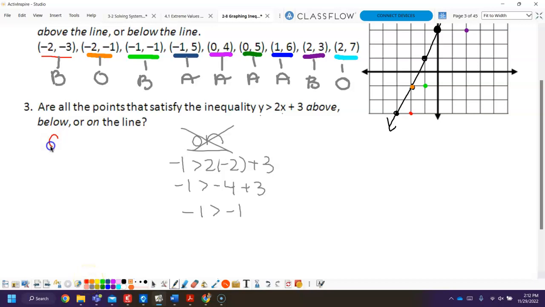So now we need to compare a point below. So that would be -2, -3. And we want to compare it to a point above. So we could use the 0, 6.